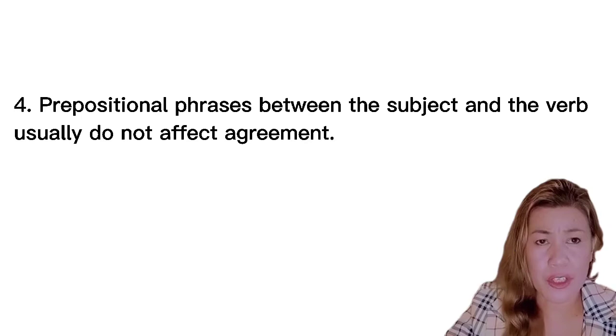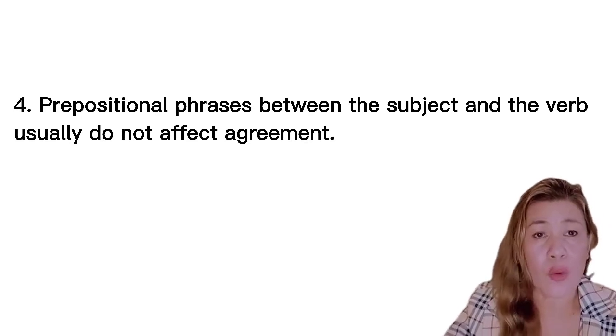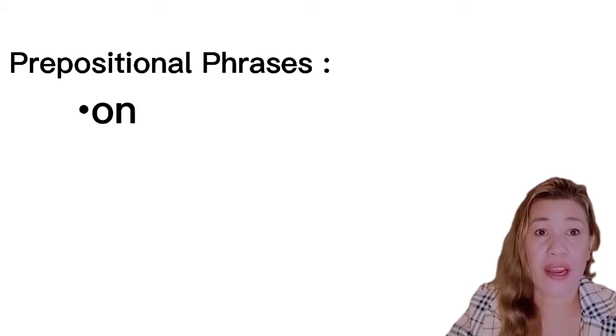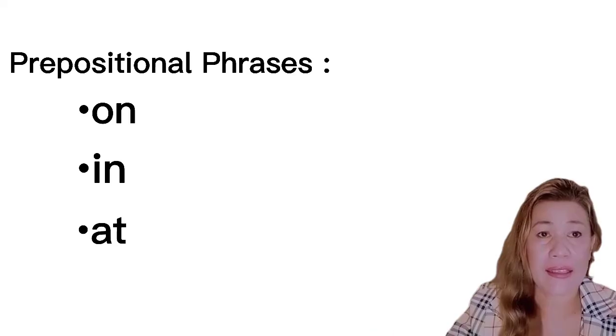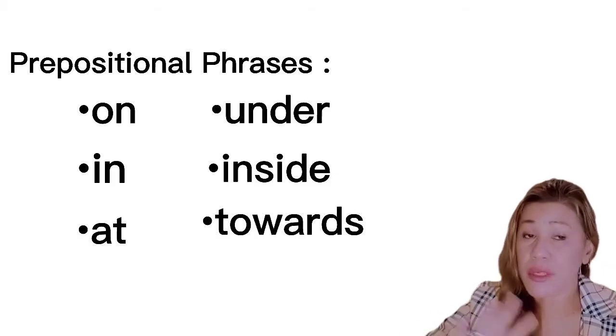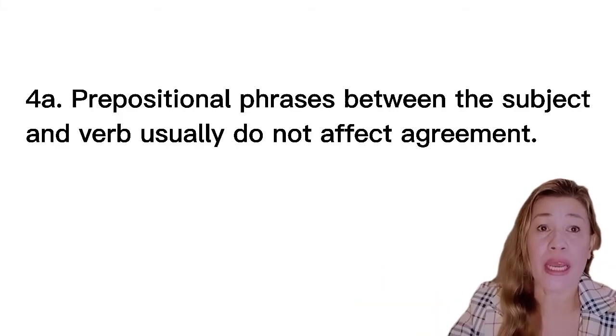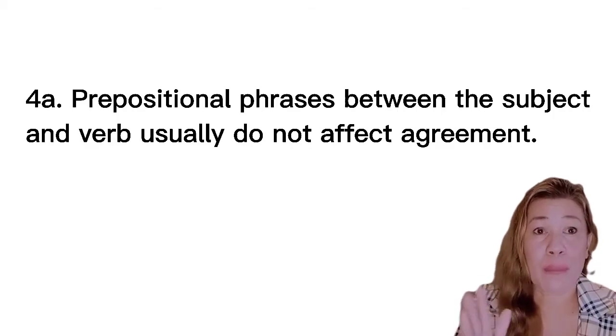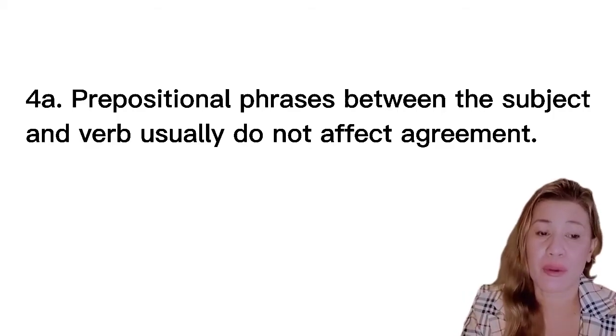What are prepositions? These are the words which are illustrating direction or position, like on, in, at, under, inside, towards. So those are the words which are prepositions. They can become prepositional phrases if those prepositions are accompanied by other words.